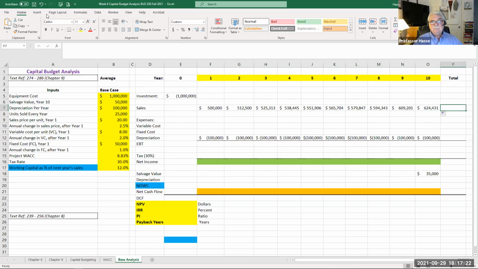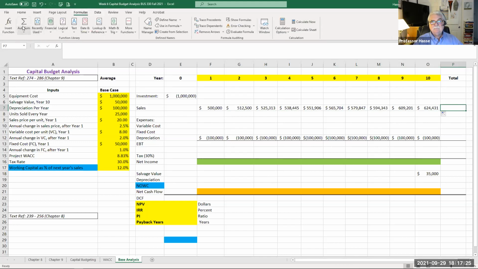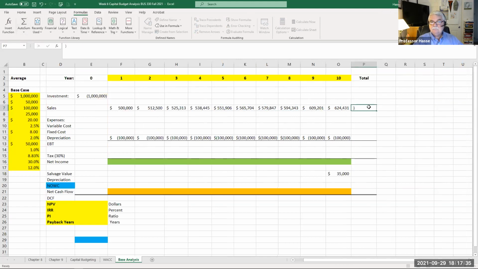That's a total of 5,601,691. That's our total revenue we expect to generate off this investment.